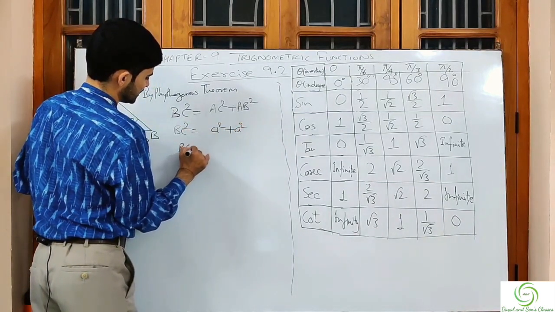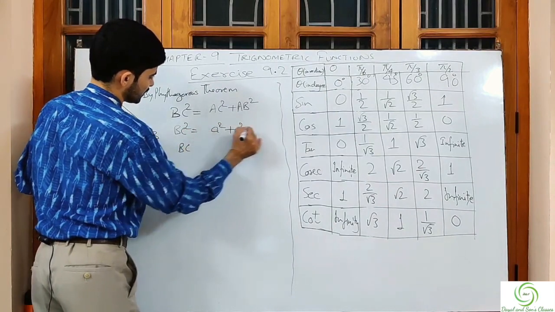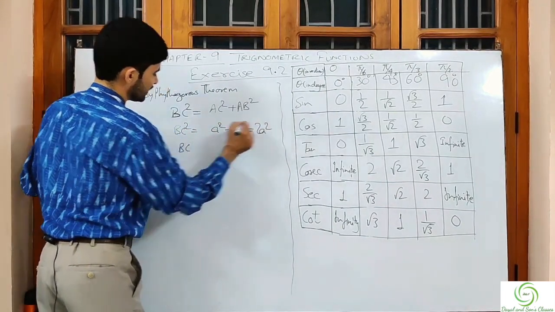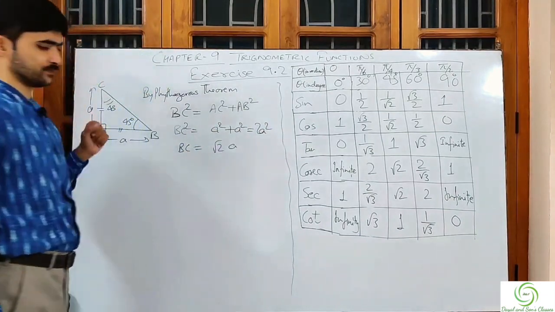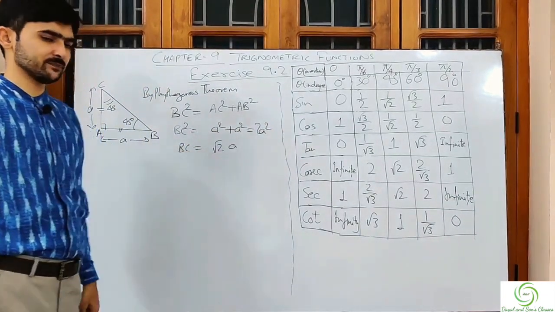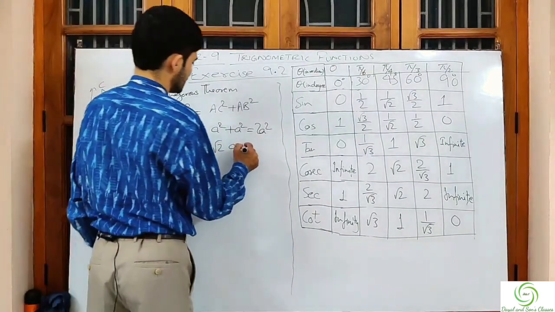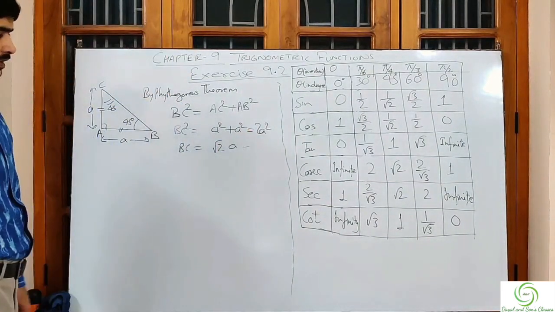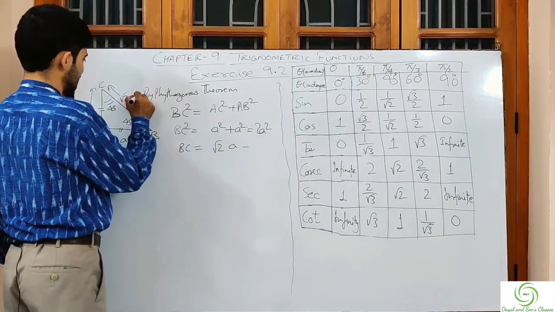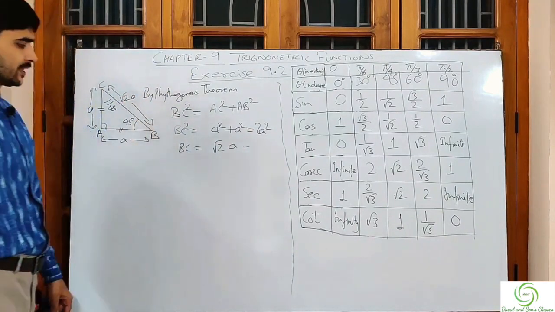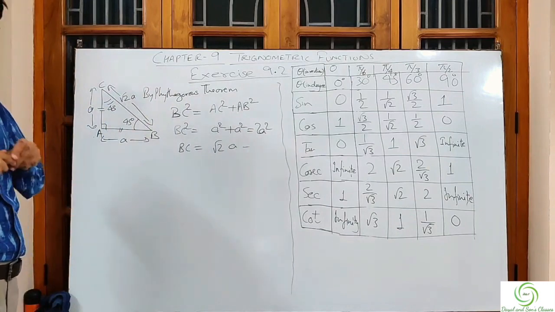That means BC square is equal to 2A square, implies BC will be equal to root 2 A, which is root 2 into A, right? This we have got. So this length will be equal to root 2 A, right? I hope this much is clear.